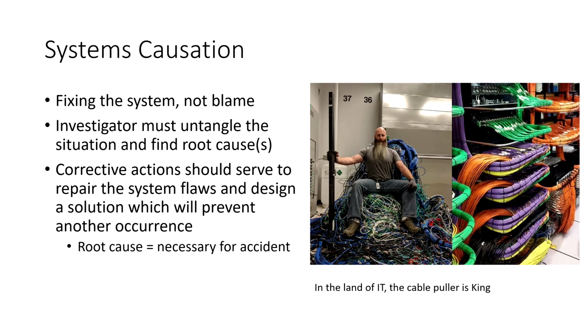This is one of the biggest potholes you can step in when you're doing human performance investigation: you're focused too much on the why and the blame and the hand wringing of, oh, how'd we get here, where our task is really to look forward and to create an instance where this event could not happen again.